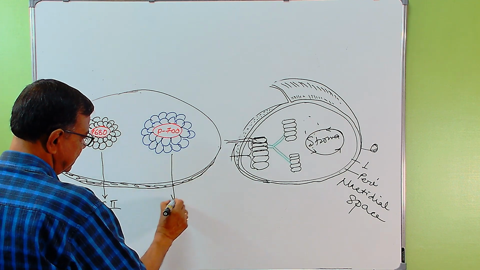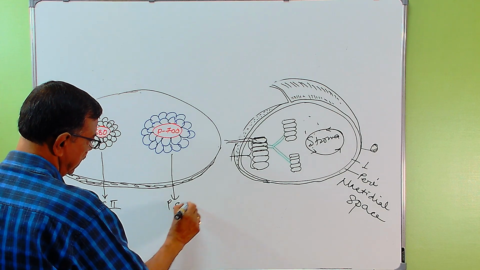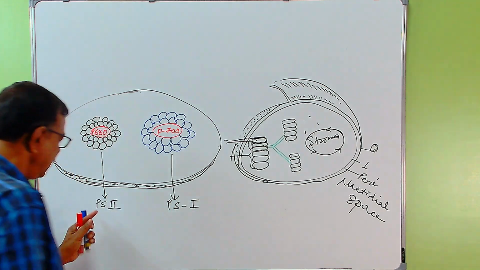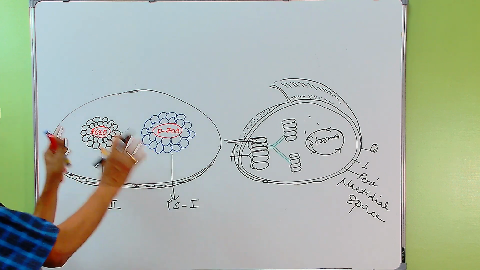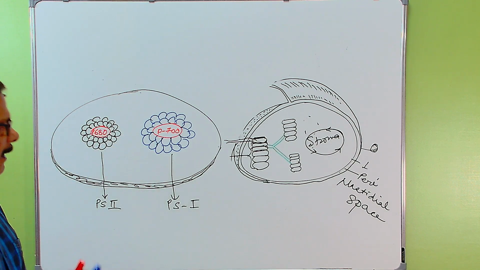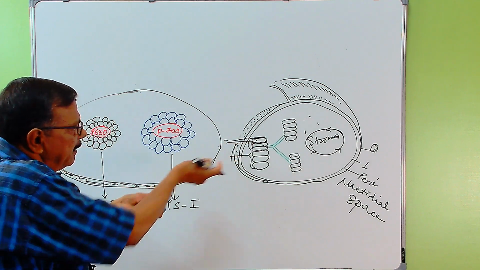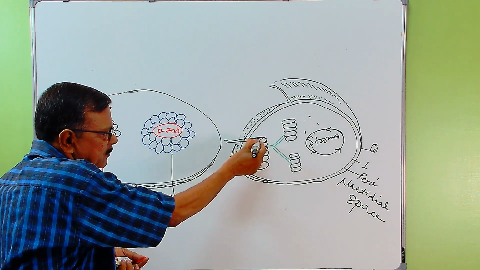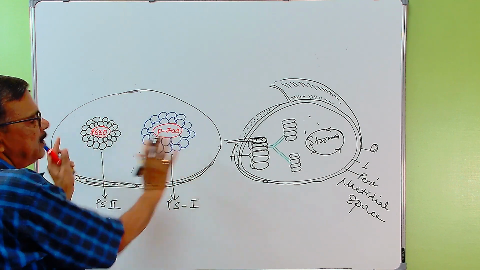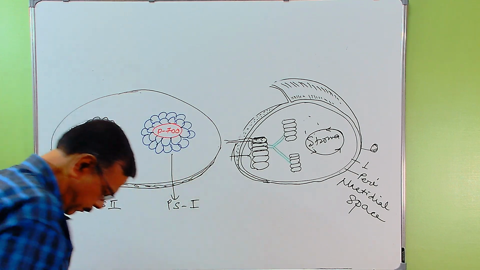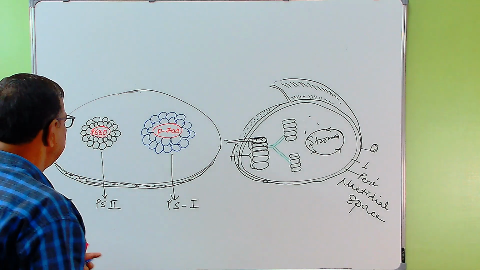This we call PS2, and this we call PS1, meaning photosystem 2 and photosystem 1. So there are two photosystems lying within this thylakoid membrane. These two photosystems are available within the thylakoid membrane.